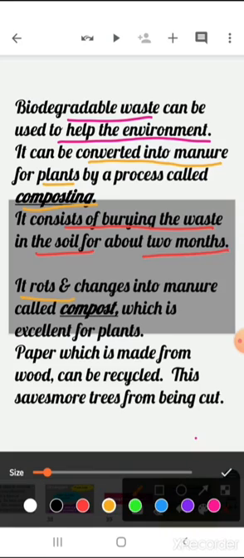Then it rots and mixes and changes into manure, which is excellent for plants. Paper is made from wood and can be recycled. This can save trees from being cut.